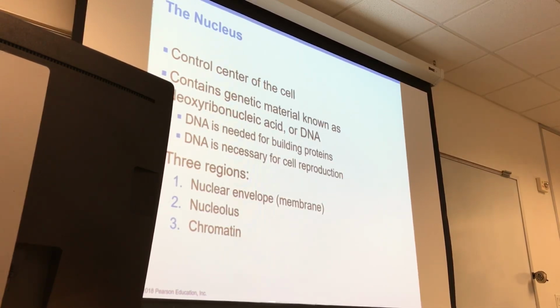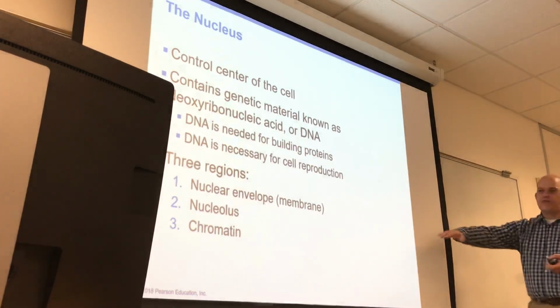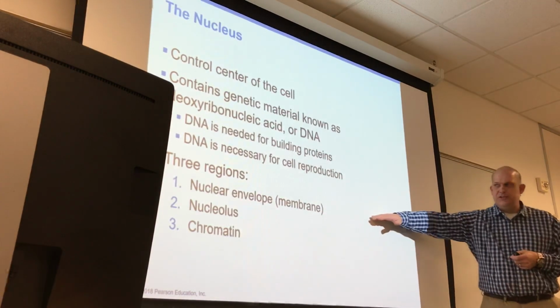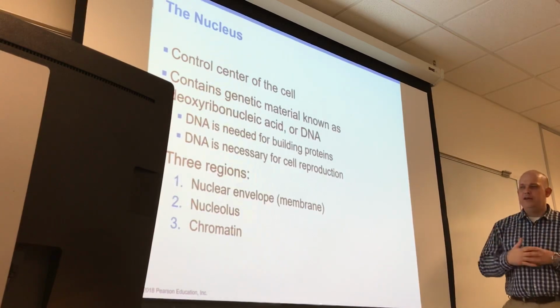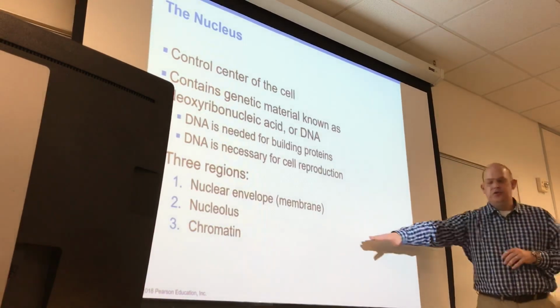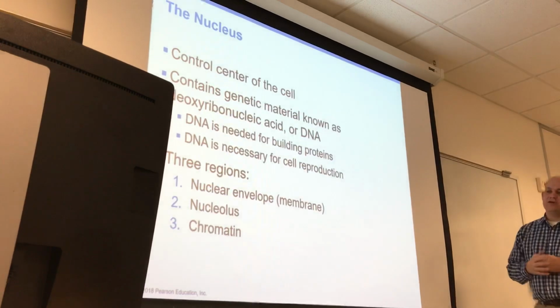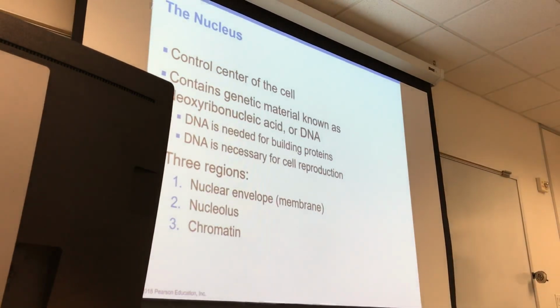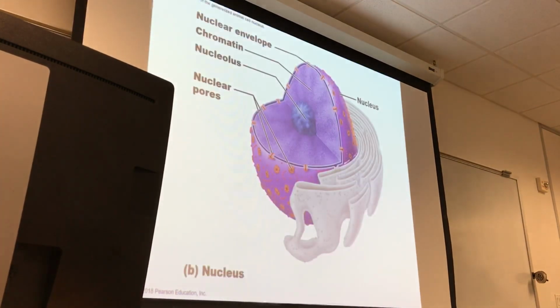Chromosomes are the DNA that gets clumped as we go into cell replication. And there are 3 very important regions: the nuclear envelope, which is the nucleus's own outer membrane; the nucleolus, which is a pit in the center of the nucleus; and chromatin, which is the area between the 2.